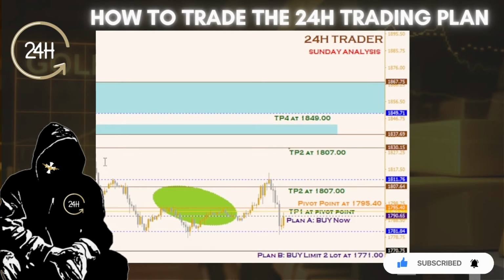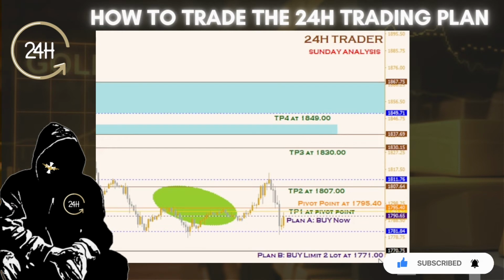If you want higher profits, you can adjust the lot sizes, but please make sure that you also have good equity. My first lot for plan A is only one lot.